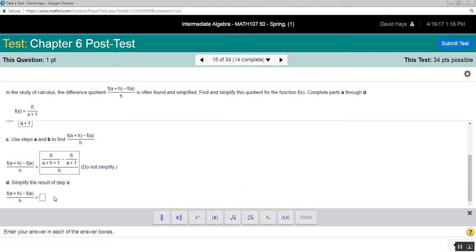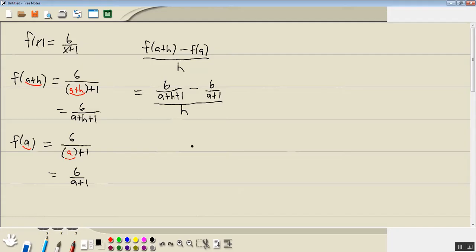Now D wants us to simplify this. Simplify is kind of a strange instruction. It basically means get rid of the h in the denominator. Along the way we're going to accomplish some other items. Now we have some inner denominators because we got a fraction inside of a fraction. So our LCM of the inner denominators would be these two multiplied together. So that's what we're going to multiply everything by.